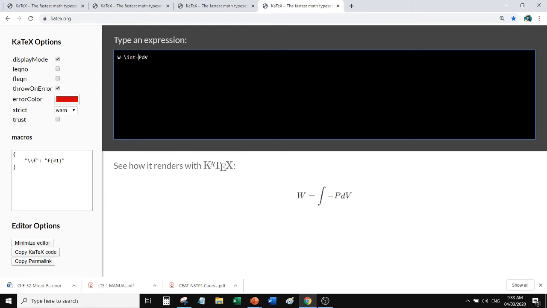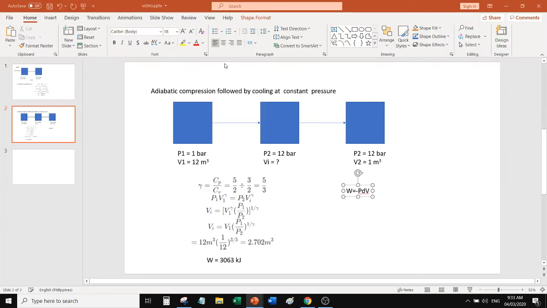So this is equal to negative P times V2 minus V. Should it be V1? It shouldn't be V1, it should be V intermediate, because we are just solving for step 2. So from Vi to V2.